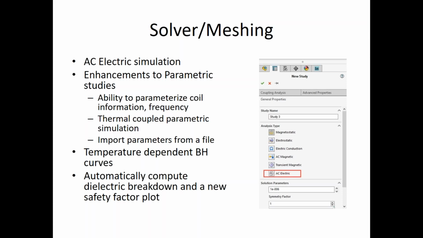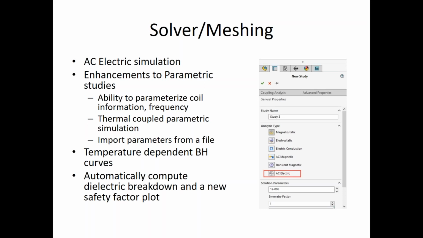You can now parameterize things like the H, the heat transfer coefficient, the thermal conductivity, etc. You can also finally import parameters from a text file that we have the ability to read, so it helps you to enter multiple parameters in one single shot.